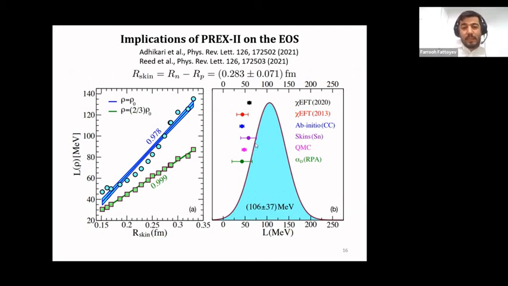So nevertheless, we can get the slope of the symmetry energy with high uncertainty, of course, plus minus 37 MeV, but the central value is very large. Now, it doesn't agree with other predictions, as you can see. So this was surprising. So there is some tension with other experimental data, especially electric dipole polarizability, a very precise experiment that was done, and some other theoretical predictions.